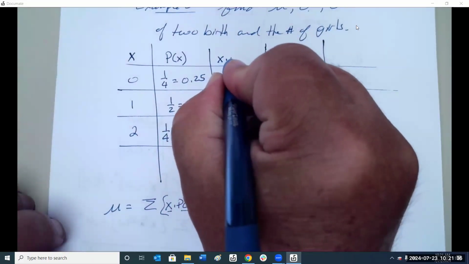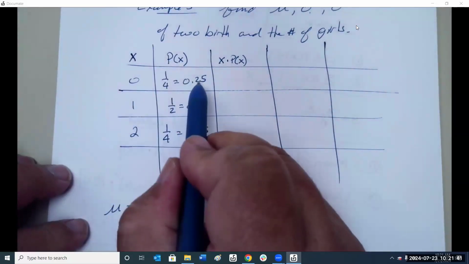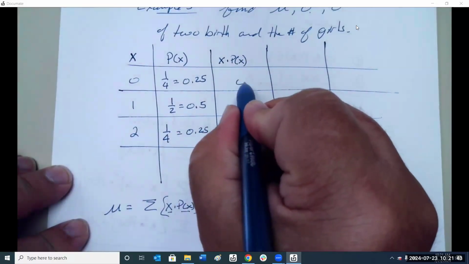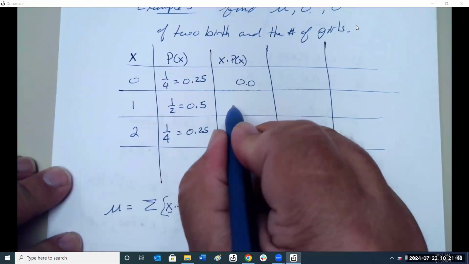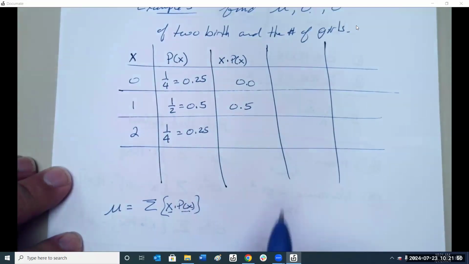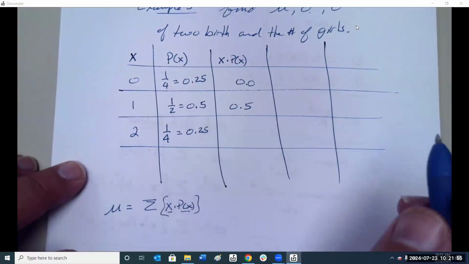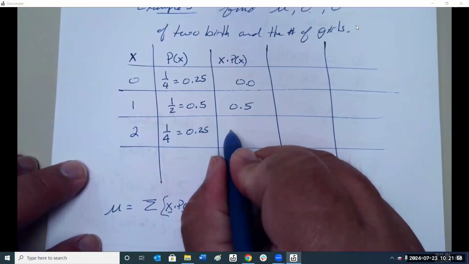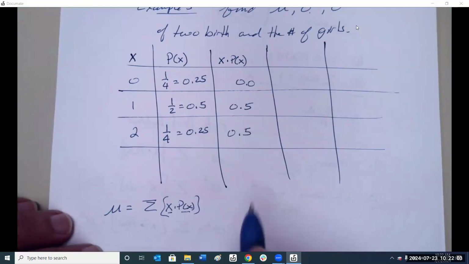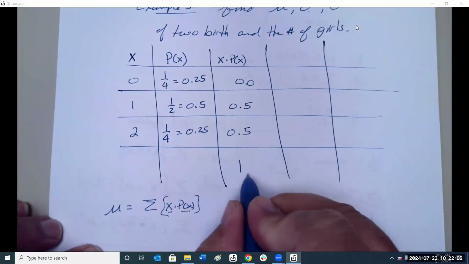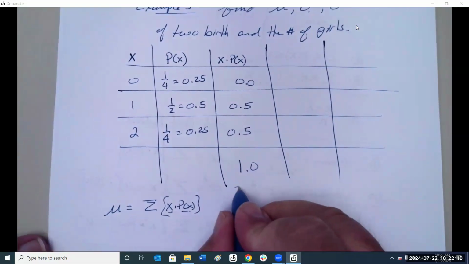Our third column is going to be x times p of x. So 0 times 0.25 is 0.0. 1 times 0.5 is 0.5. And 2 times 0.25 is 0.5. Add them up, you get 1.0.